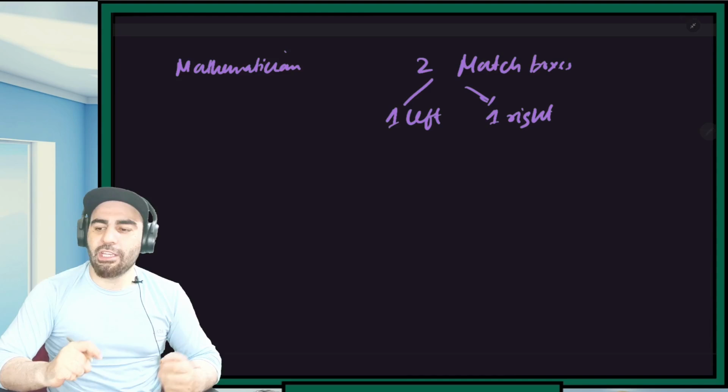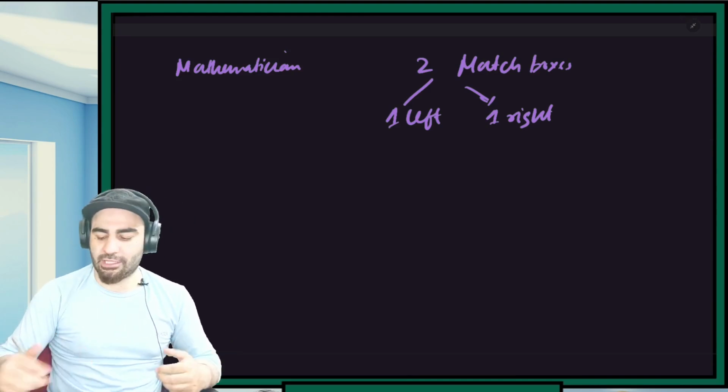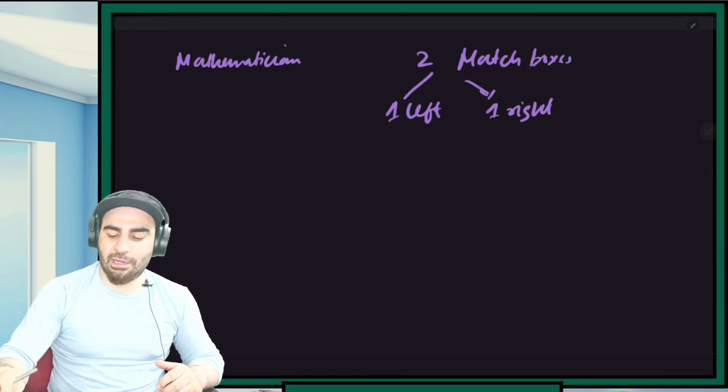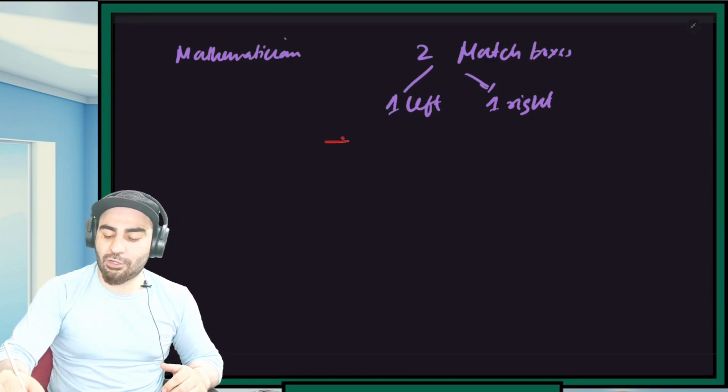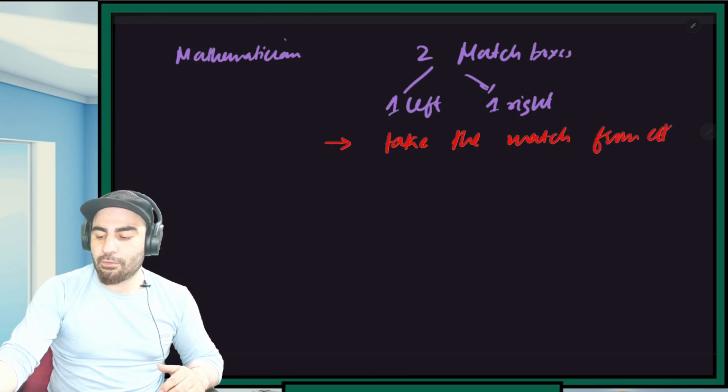Each time he needs a match, he is equally likely to take it from either pocket. So whenever he needs a match, he will take it from either pocket with equal probability.